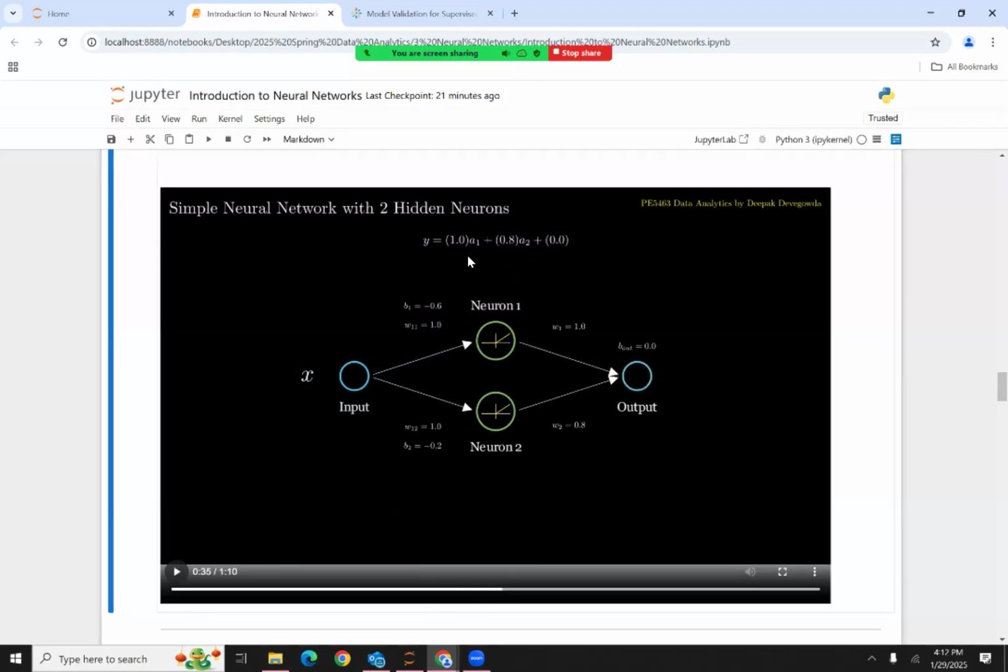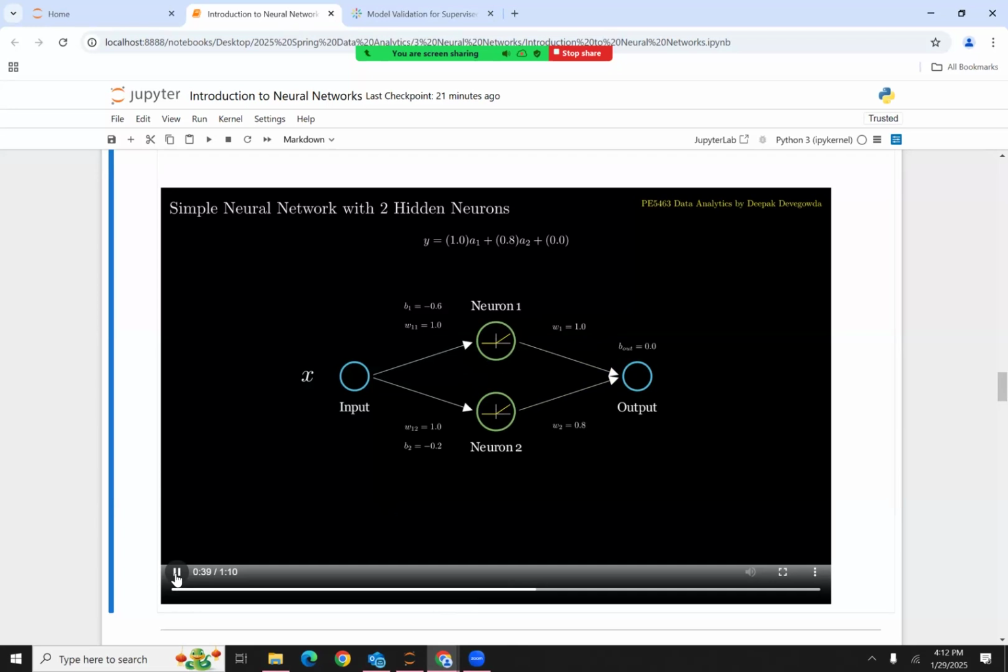So you can see that now I'm taking this weight 1, multiplying it with the output of neuron 1, and then a value of 0.8, multiplying it with the output of neuron 2, and then adding the bias, and I finally get my output.